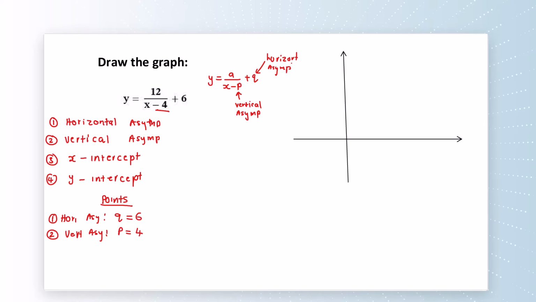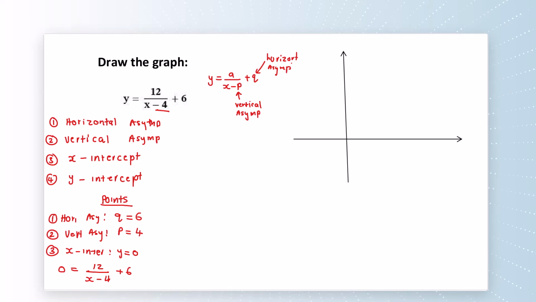Beautiful. Now we need to work out the x-intercept. The x-intercept and y-intercept, the concept doesn't change. For the x-intercept, you let y be 0 for any graph. So for the x-intercept, we're going to let y be 0. We have 0 equals 12 over x minus 4 plus 6.